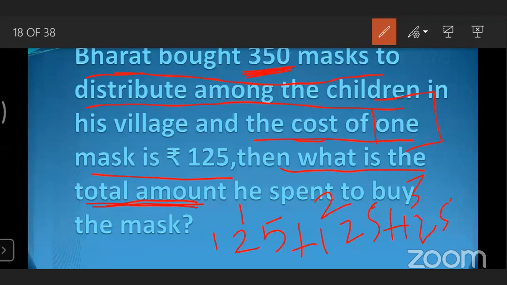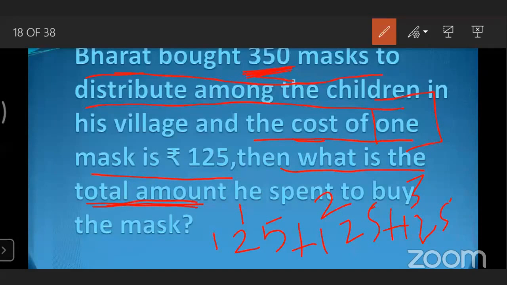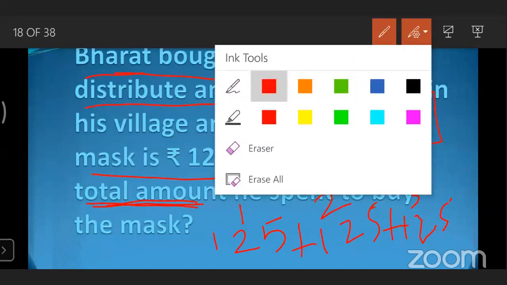So multiplication is the right answer. Let's multiply. Now what is given here? The total masks is given, 350, as well as the cost of one mask also is given. And what we have to find out? We have to find out the total amount paid to buy the masks. Let's find out the answer of this.